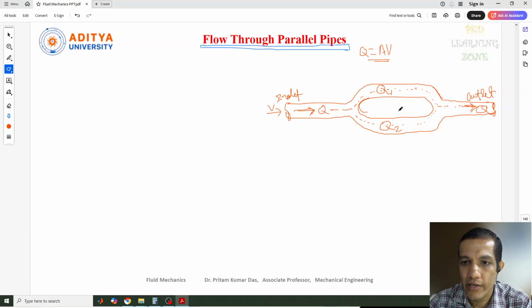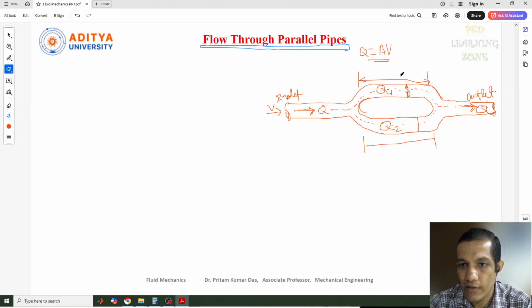For this Q1 and Q2, each pipe has some length and some diameter, and as per the diameter the velocity will also change.